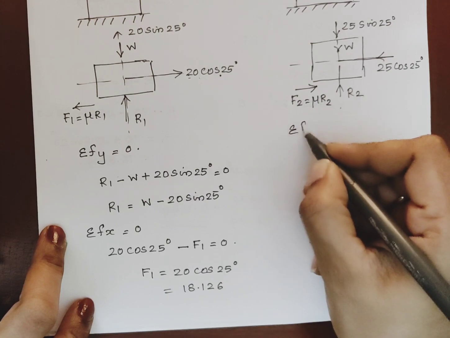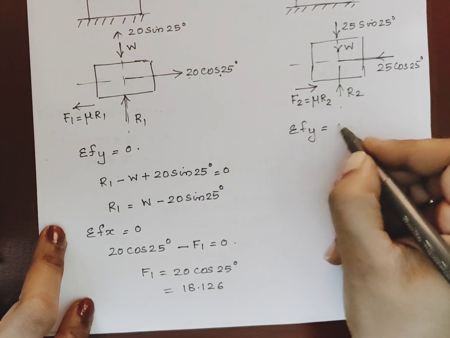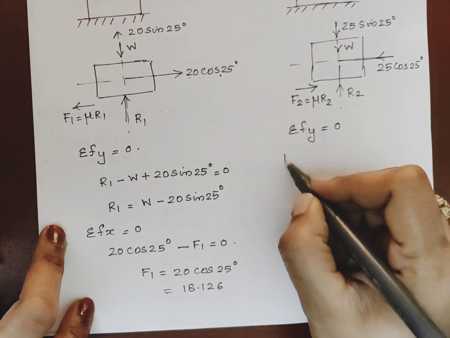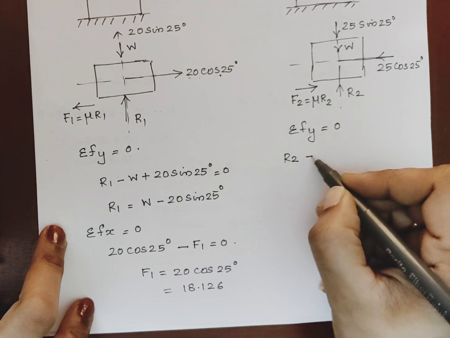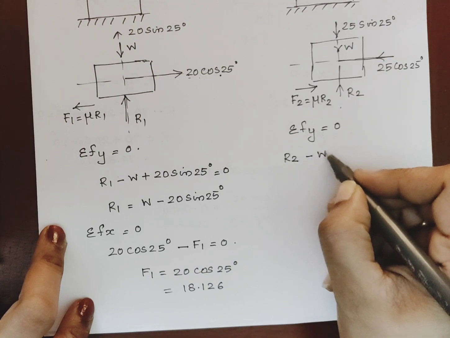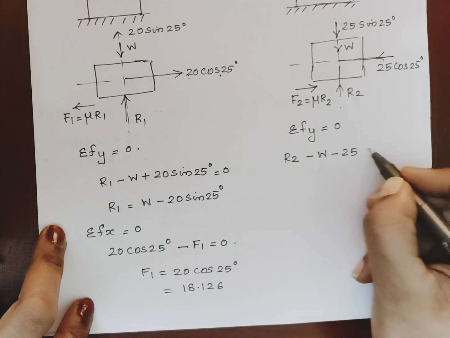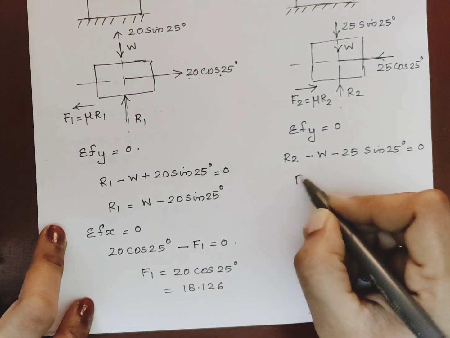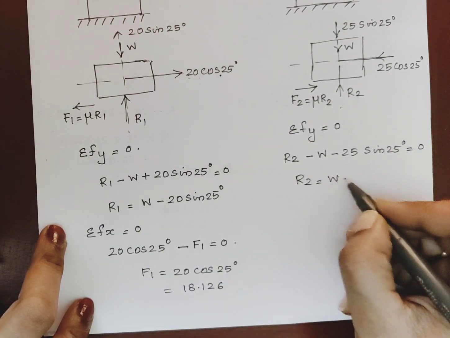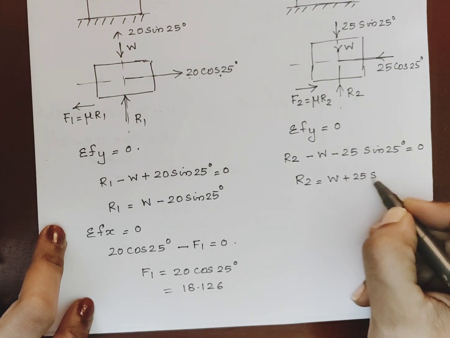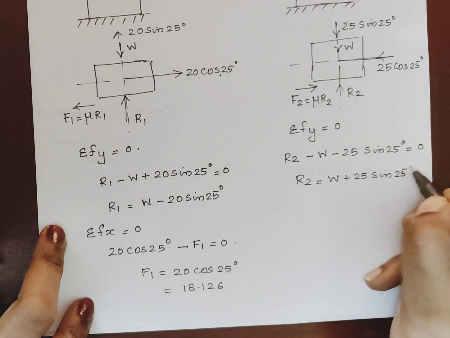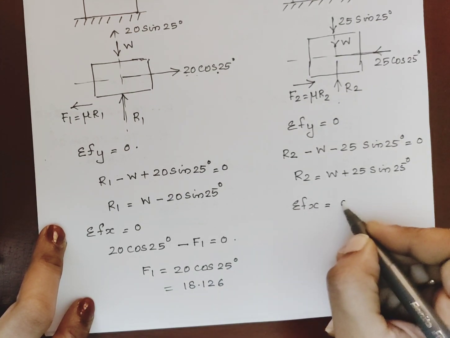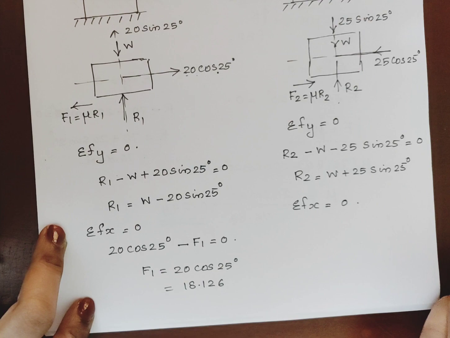So in the second case, you have to assume the first equation as sigma Fy is equal to 0. So R2 minus W minus 25 sine 25 degrees equal to 0. So R2 is equal to W plus 25 sine 25 degree. Second equation is sigma Fx is equal to 0.